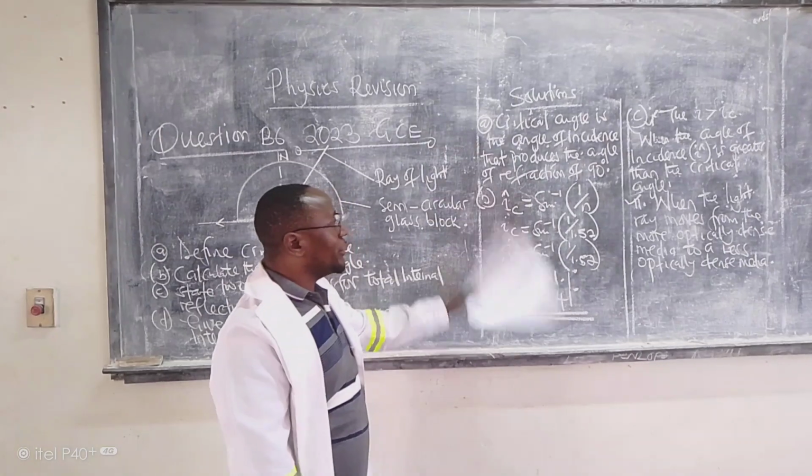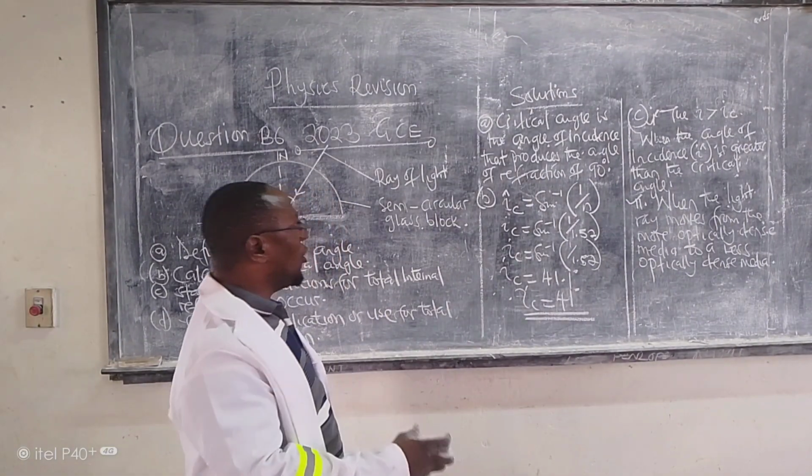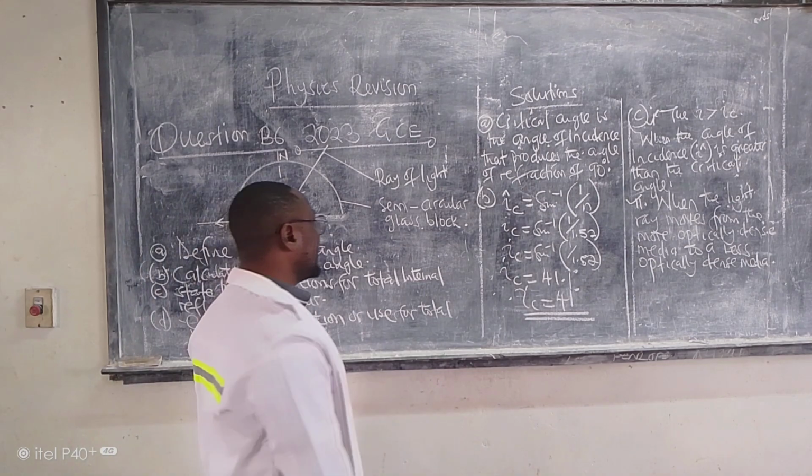Those are the two conditions that enable the light ray to undergo total internal reflection.